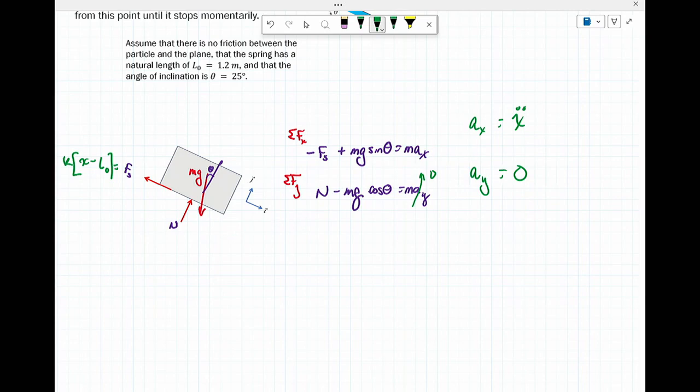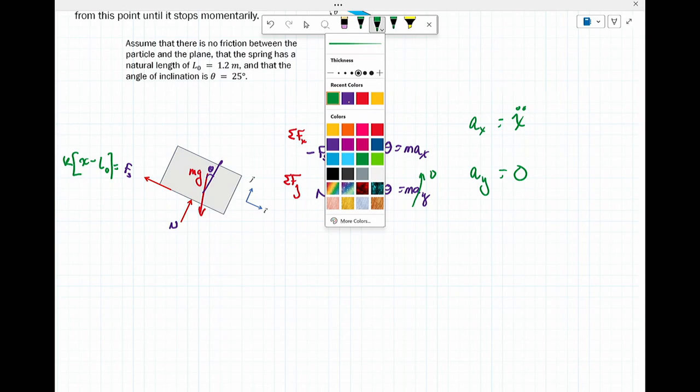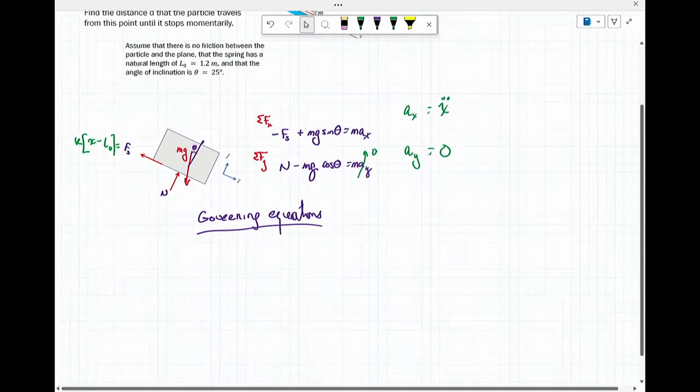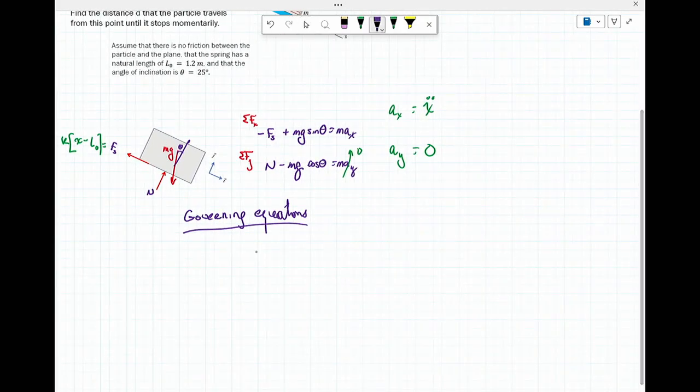So now what I have are my governing equations. And I'm going to go through more detail in this example than I might otherwise, or when I do them later.